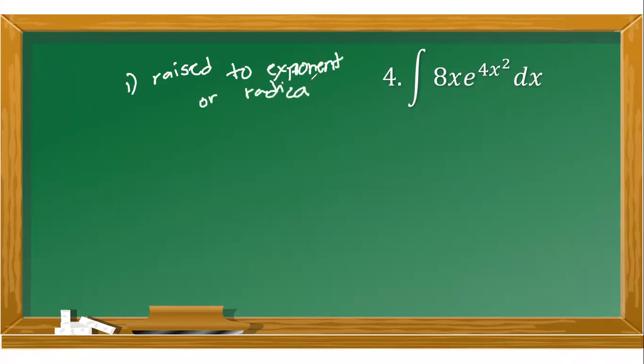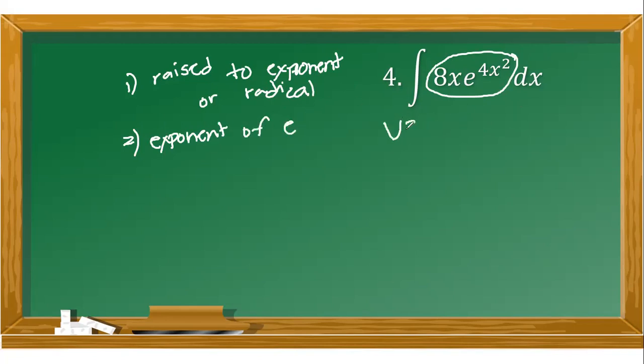So ngayon naman nakakita tayo, since this is an exponential function, ang ilelet natin kay u ay yung exponent ni e. Okay, so dito naman ang ilelet natin kay u is yung 4x squared.